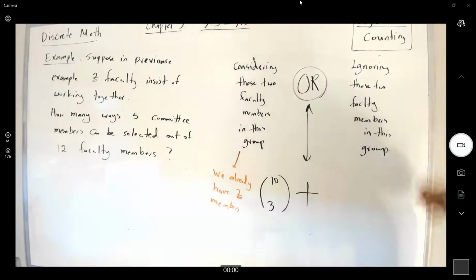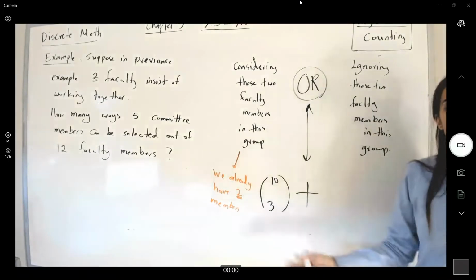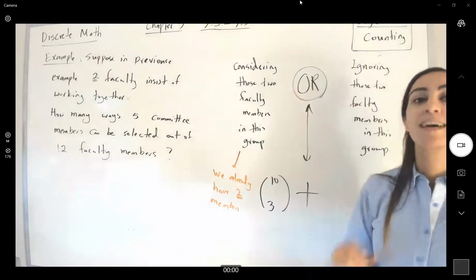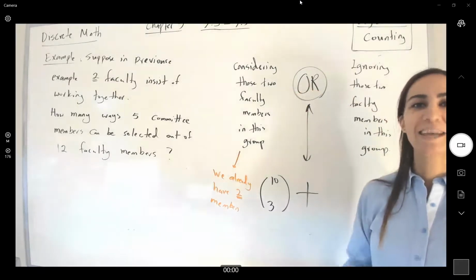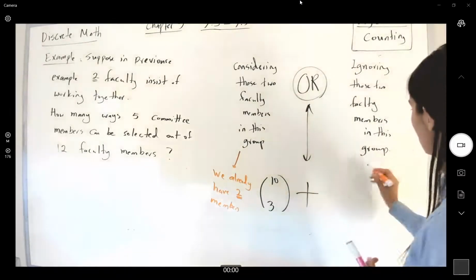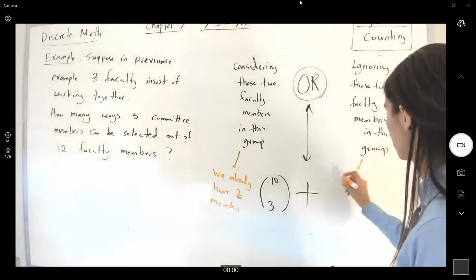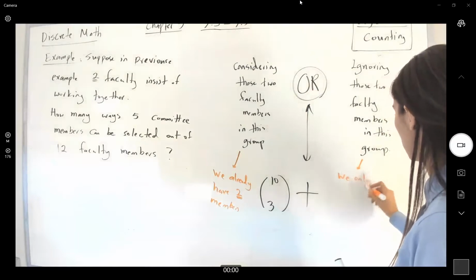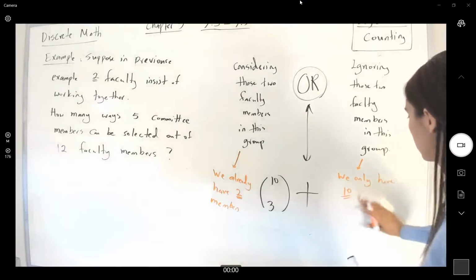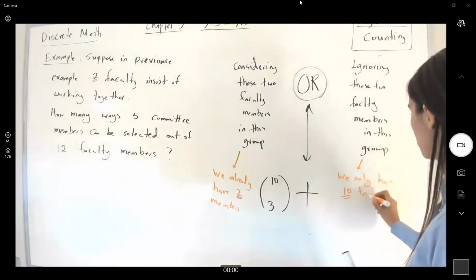Ignoring those 2 faculty members means that we are selecting 5 members out of 10 faculty members, since we only have 10 faculty members.